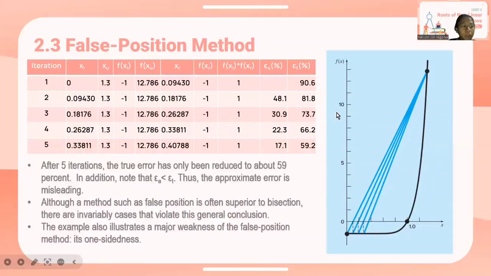The figure shows the plot of the function of x equals x to the 10th power minus 1. This illustrates the slow convergence of the false position method.